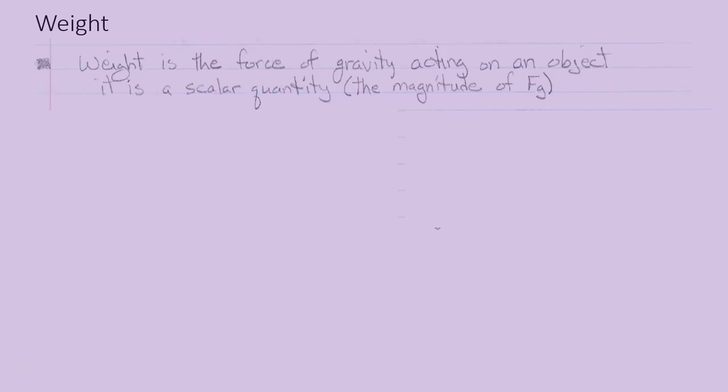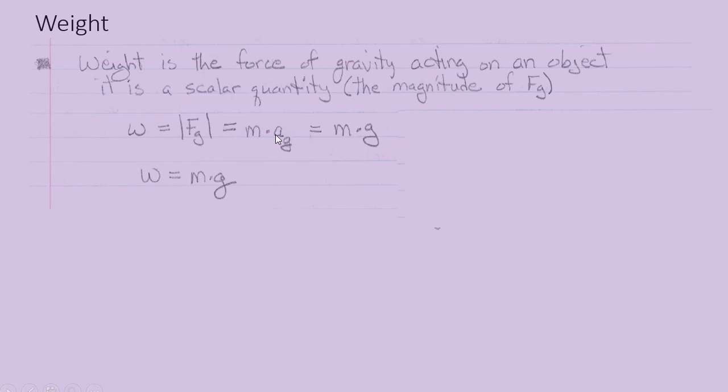Okay, let's talk about weight. Weight is the force of gravity acting on an object, and it is a scalar quantity. In other words, it's the magnitude of the force of gravity. And we calculate weight using Newton's second law. Since it's a magnitude of a force, it is mass times the acceleration due to gravity.